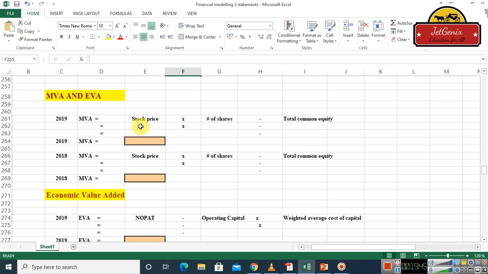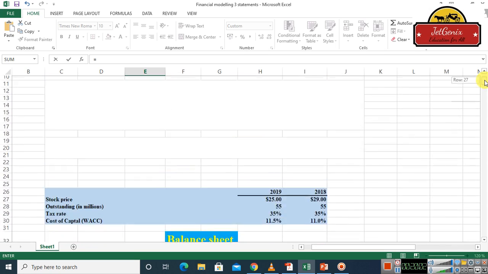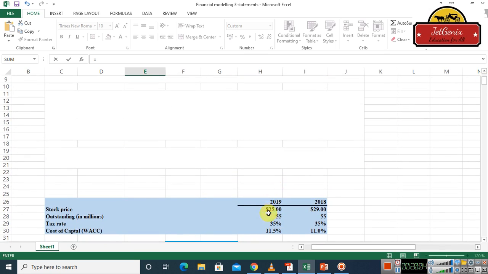Okay, so here we will select the stock price in 2019. Press equal and find the stock price, which we can find at the very beginning of this spreadsheet. Yes, it's here for 2019. You can see the stock price 2019 here. Press enter.